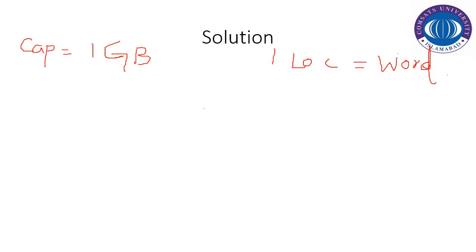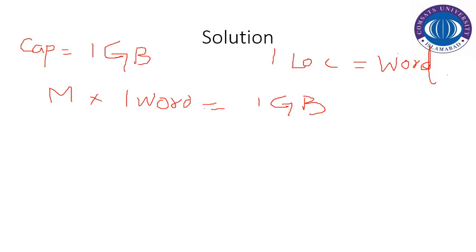So m into one word equals 1 giga, or let me represent it in GB. And we know that one word equals 2 bytes.